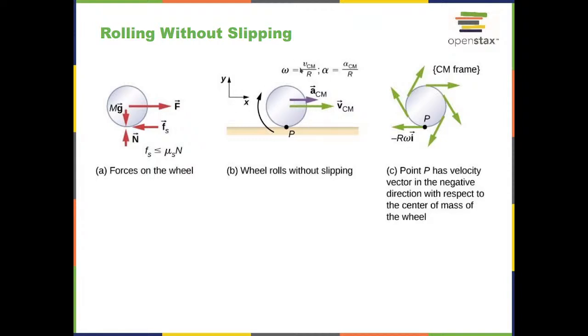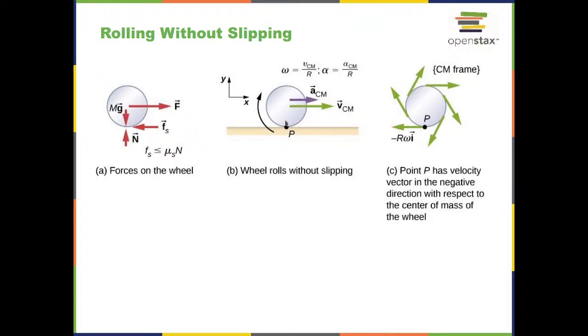We have our angular velocity, with which the wheel is rotating around its axis. We have an angular acceleration. We have a linear velocity and a linear acceleration, written here for the center of mass. And we have one point here, the contact point with the ground. This is where the rolling without slipping happens.